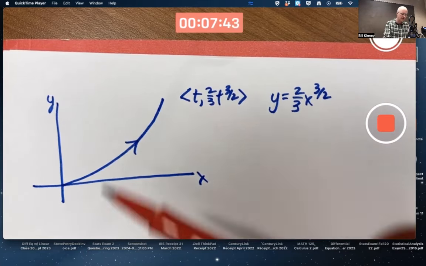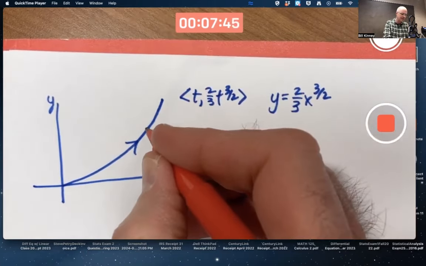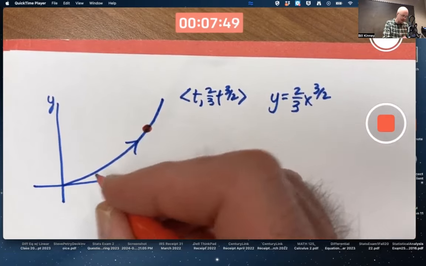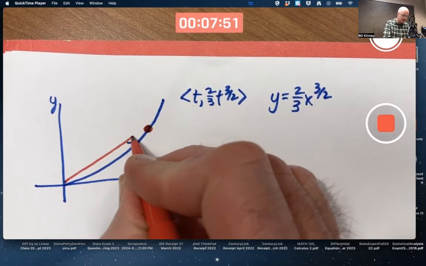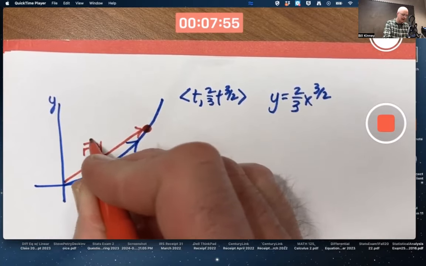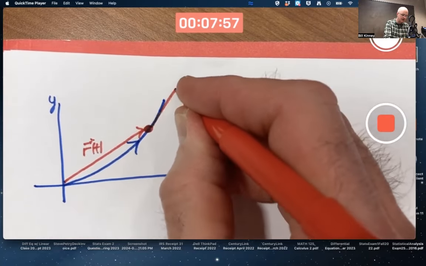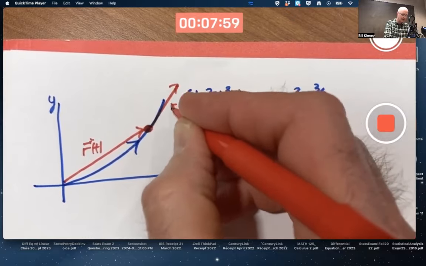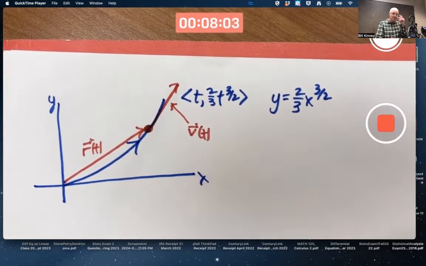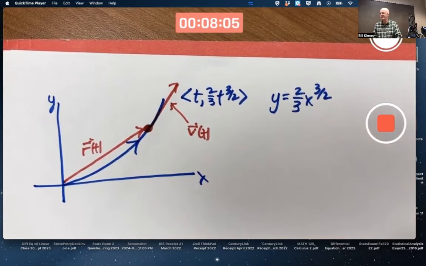We know that at any particular moment in time, where maybe the location of the particle is right there, we've got a position vector, r of t, and a velocity vector that'll be tangent to the curve and have length equal to the speed. And we also know the acceleration vector is going to be in here somewhere.